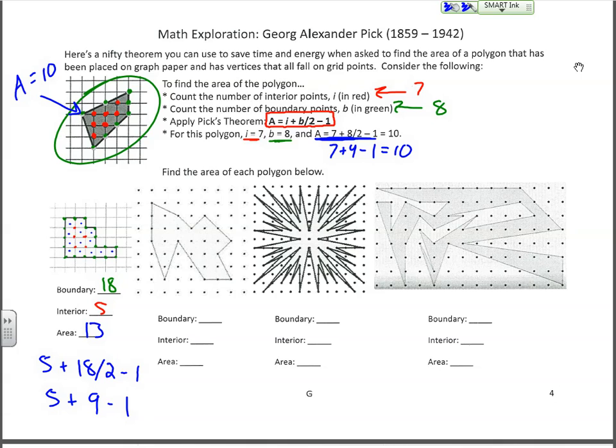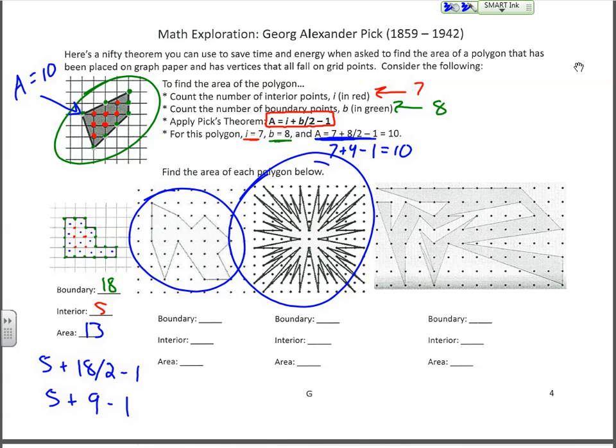The formula does work. And it really comes in handy when you've got some more, shall we say, interesting figures to work with. This, I don't know what you call that, like a dilapidated barn arrow gone wrong, something. This sunburst is pretty fun there.